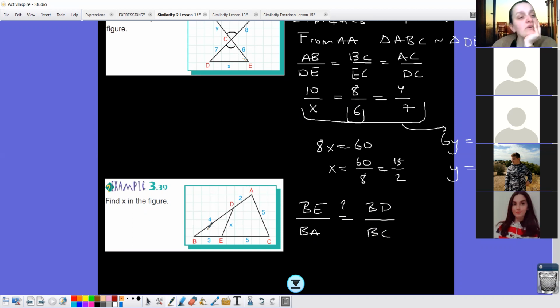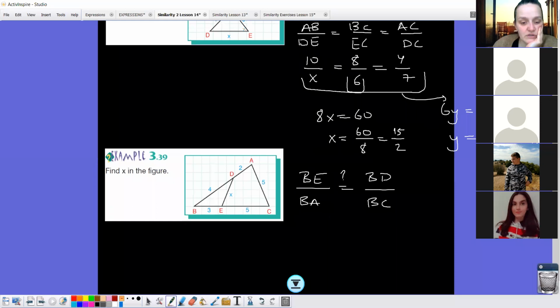Now, why did you choose these two sides? Which theorem do you want to use? Because they're in proportion, sure. These two, they are in proportion. SSS. SSS, but you have to have also the third one, but we don't know the third side. All of them you have to have in proportion.